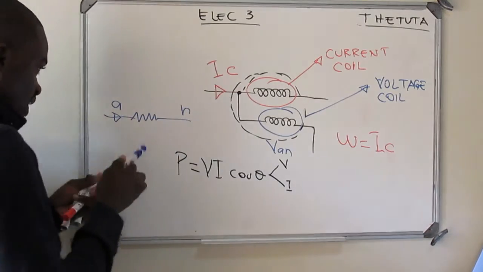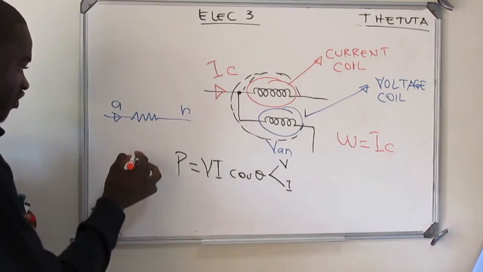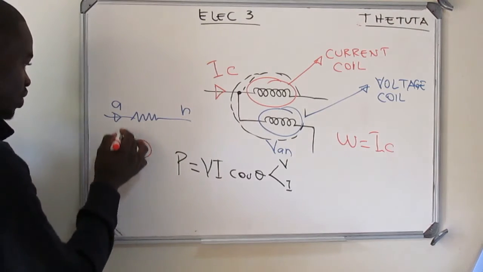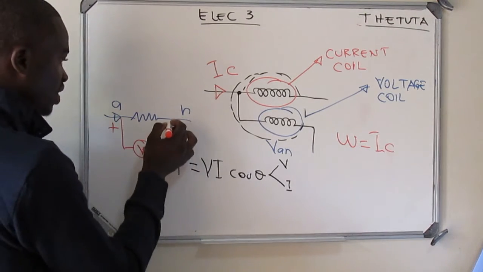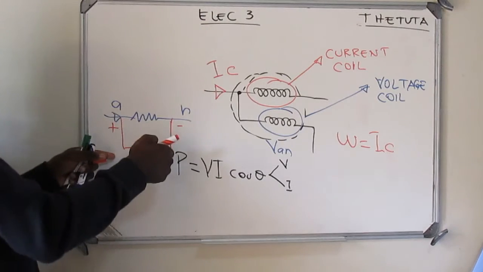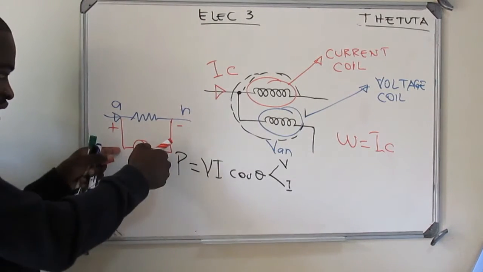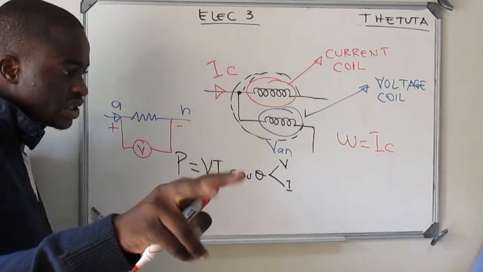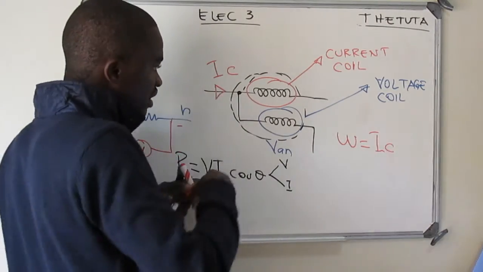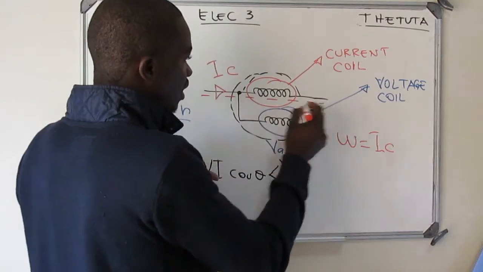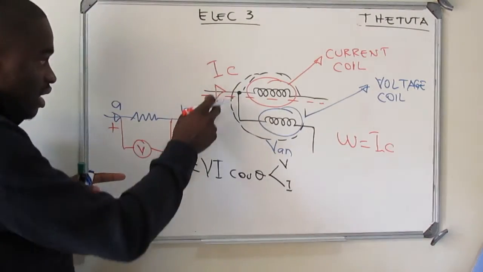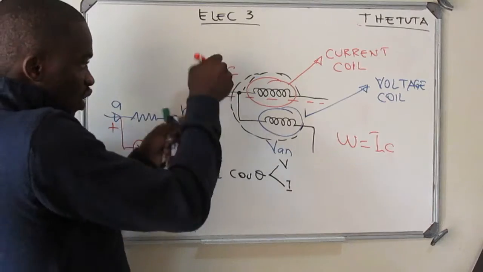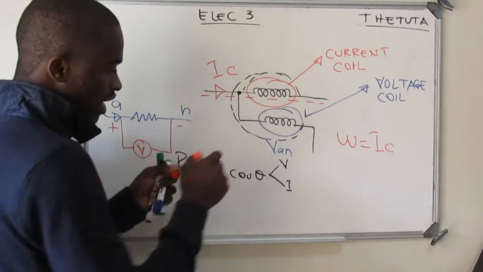So for instance, if I have a resistor and I come with a voltmeter, I put my positive leg there and my negative leg there, which means I'm measuring the voltage across it. The voltage is always measured in parallel with a component, so we need to have 2 points. Can you see? With a current, the current only flows like that. But with a voltmeter, the current must flow from a specific point to another point.